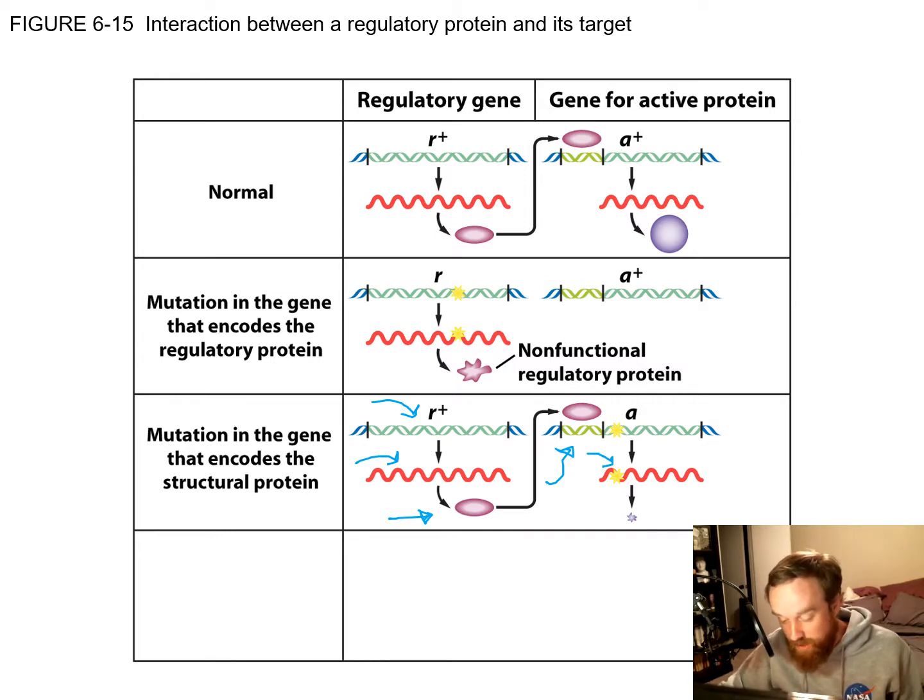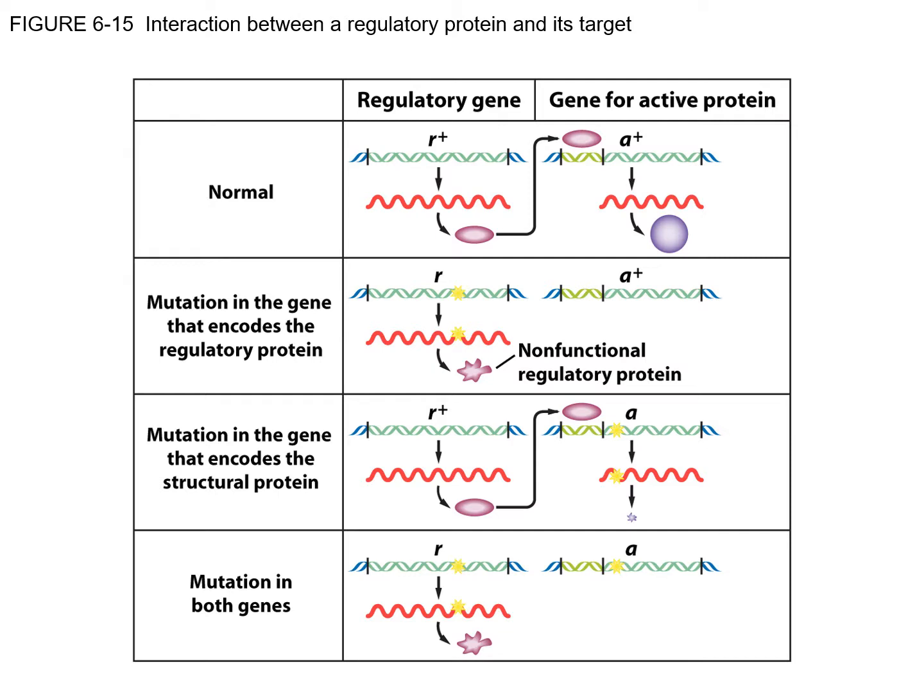It's kind of hard to see on this, but there's a mutation right here in this A gene, and thus there's a mutation in the mRNA that's transcribed, and so we end up with a non-functional protein. Just like the case above it, we now have two non-functional proteins in two of our cases.